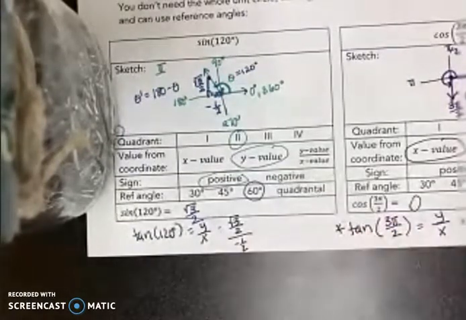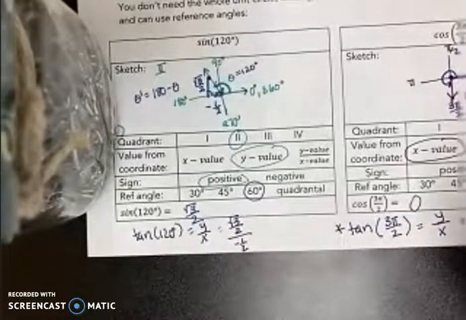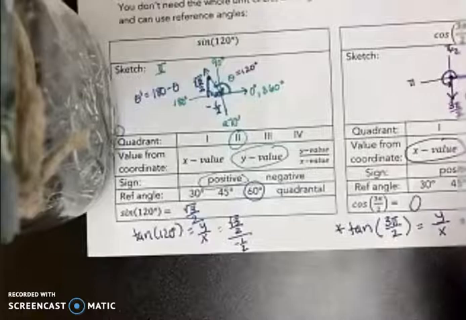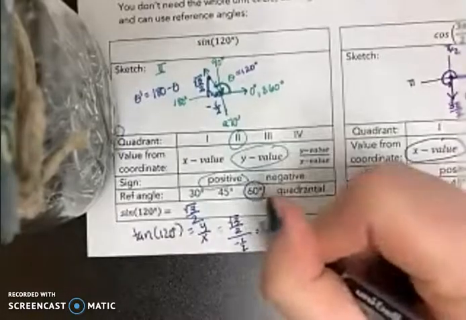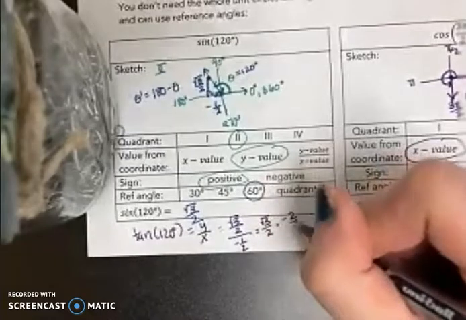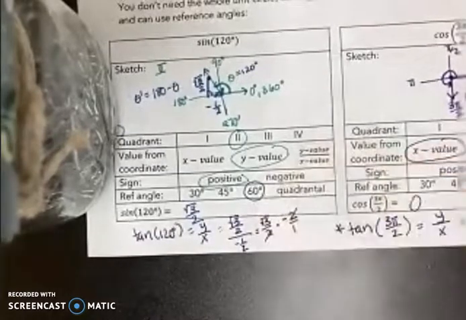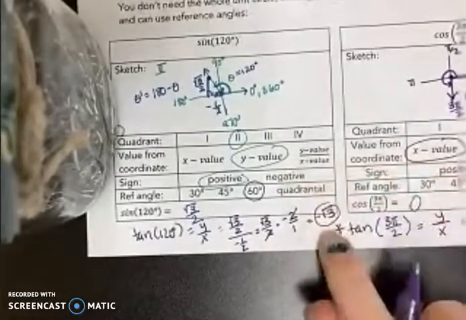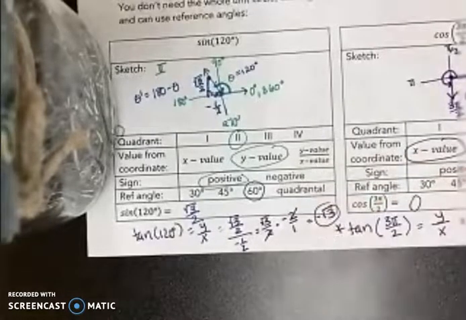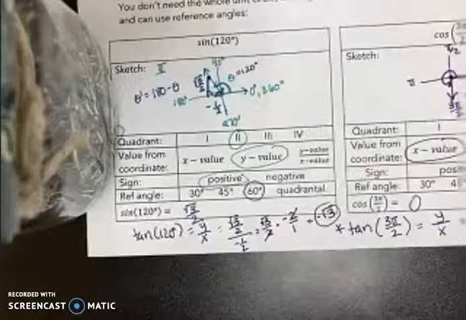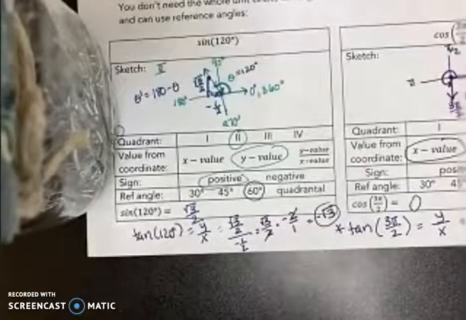If you have something like this, a fraction divided by a fraction, remember you do keep, change, flip. So √3 over 2 times -2 over 1. The 2's cancel, and I'm left with a -√3. So that would be the value of tangent. And keep in mind, had the √3 ended up in the denominator, you would have to rationalize that expression.